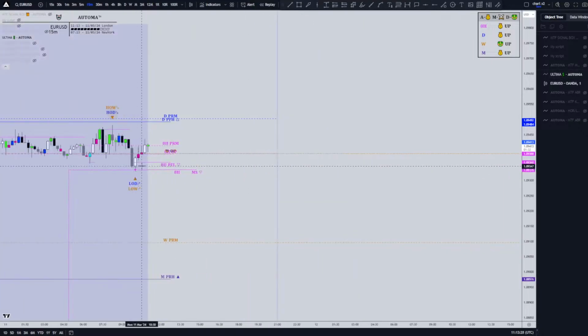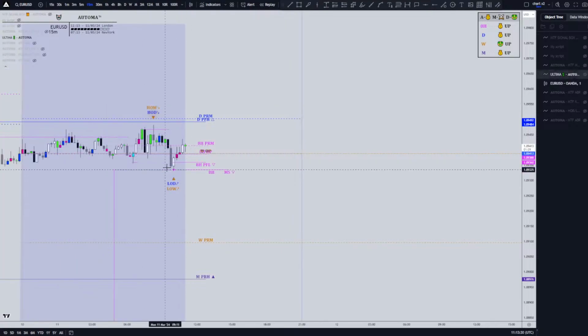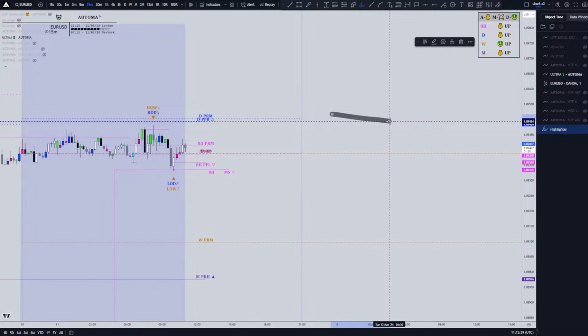So what we have here is an 8-hour failed bearish breakout, which is another key level, which basically the algorithm will monitor: market structure breakout levels, peak formations, and time rotations.